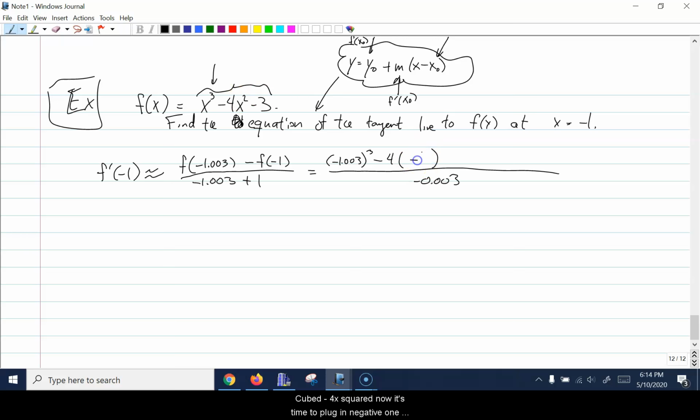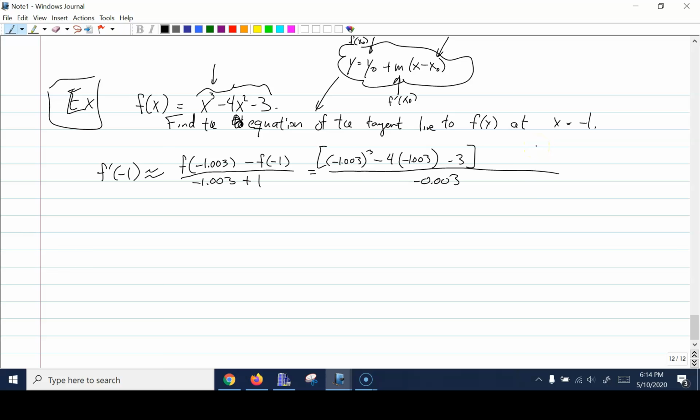Now it's time to plug in -1. No, it is not time to plug in -1. I'm still in the middle of computing f of -1.003. To compute f of one number, you plug that number into all of the places where x is. And all of this is f of -1.003.